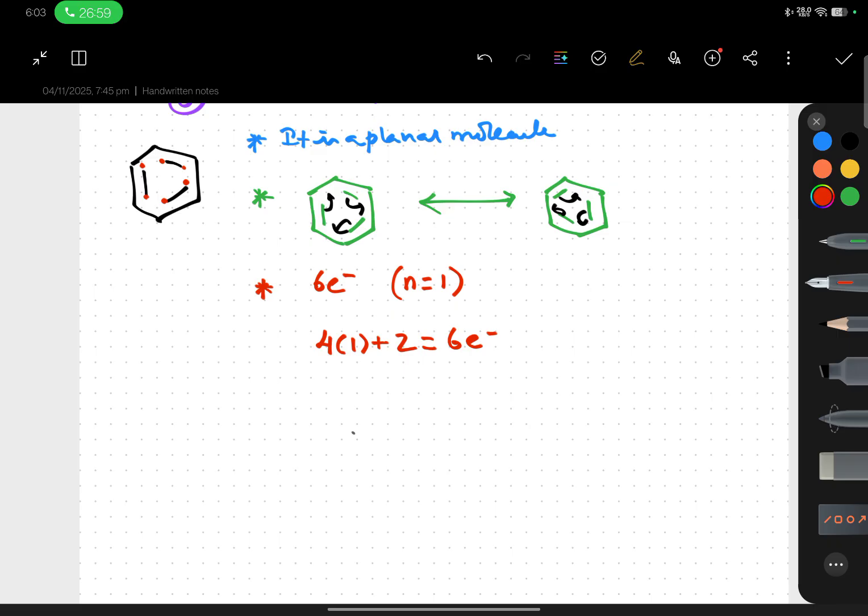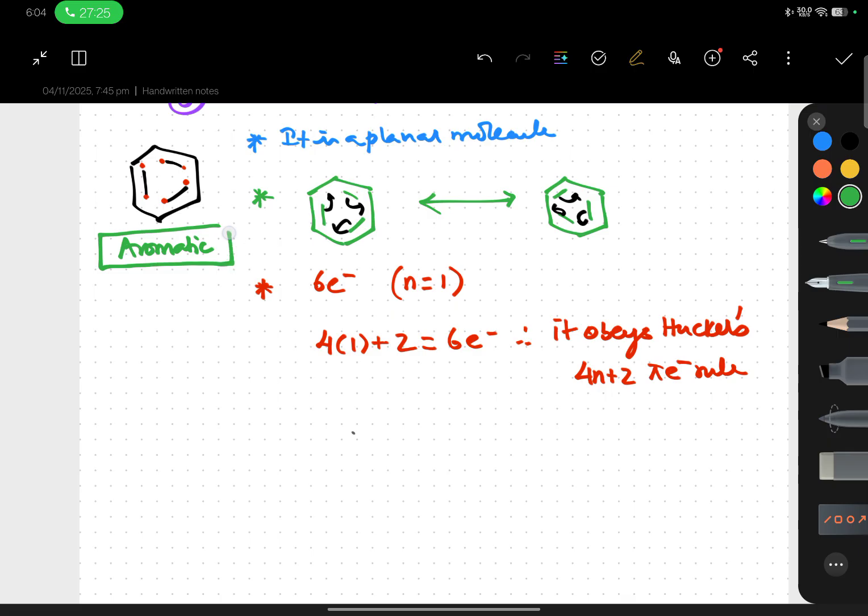Therefore it obeys Huckel's 4n plus 2 pi electron rule. So therefore you can call this molecule aromatic.